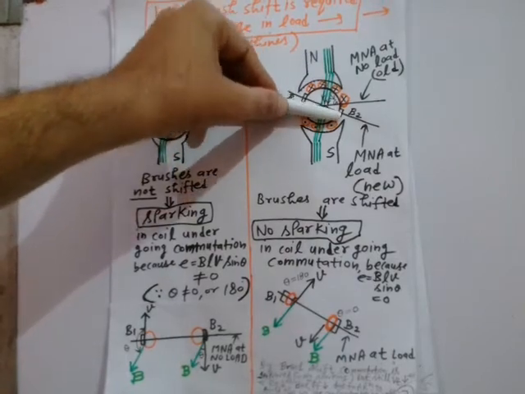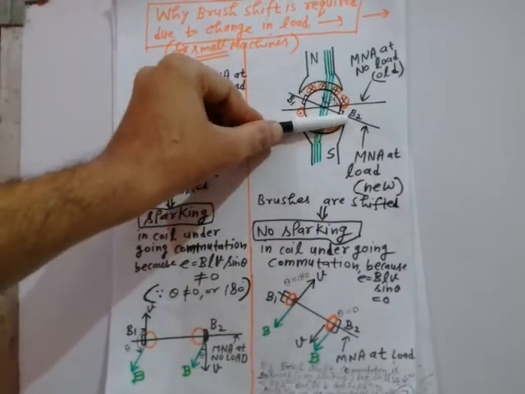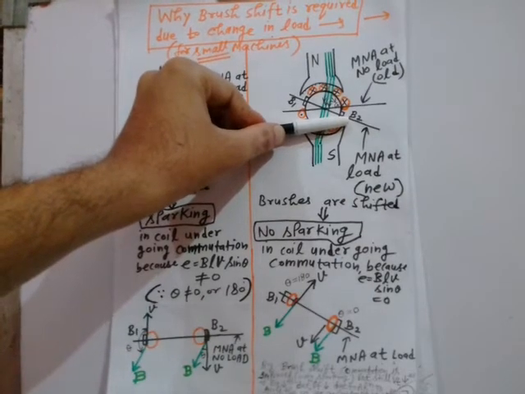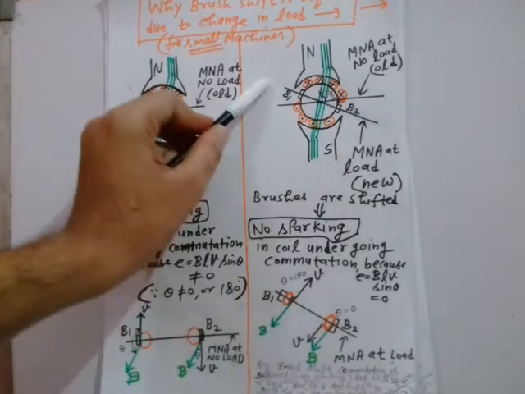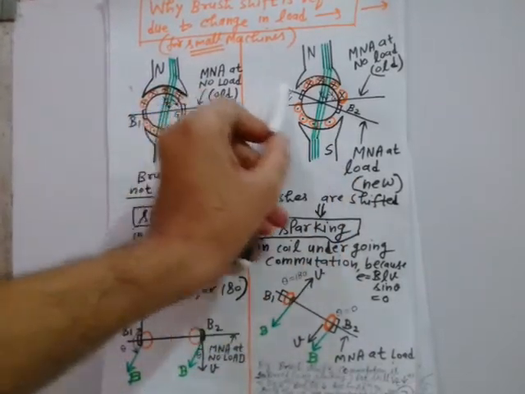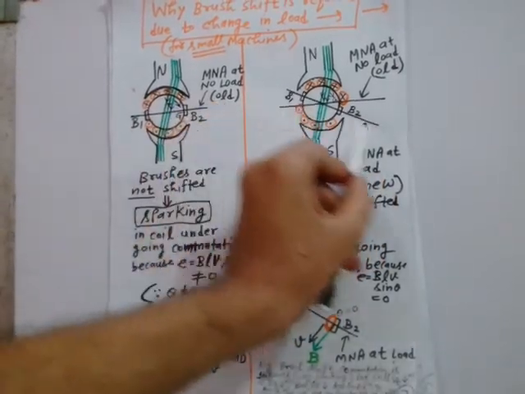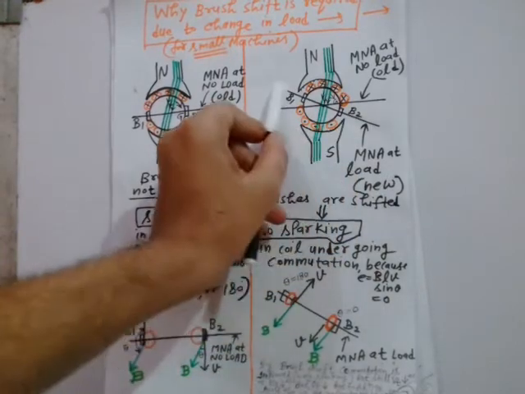Why is it happening? Because you have now shifted the position of these brushes, right? So this is the new magnetically neutral axis, right? So always keep in mind that the brush must always be placed at the latest magnetically neutral axis, right?